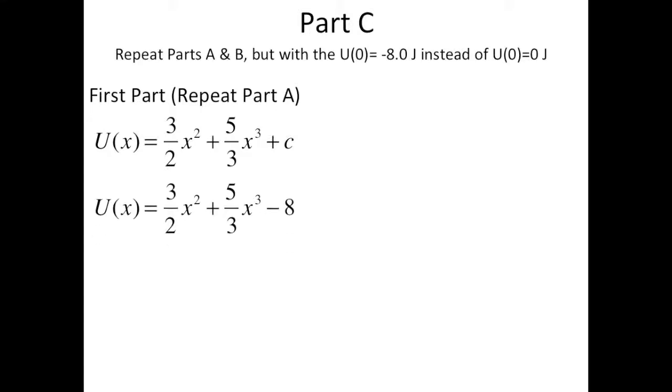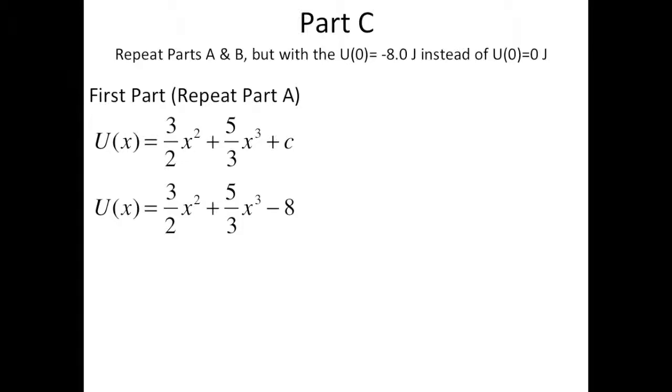So the first step is to repeat part A. We're going to take that equation that we obtained after taking the integral of both sides of the equation and then multiplying by -1. Now we're going to use -8 for C instead of 0, because now when we get a displacement of 0, we have a potential energy of -8 joules instead of 0 joules.